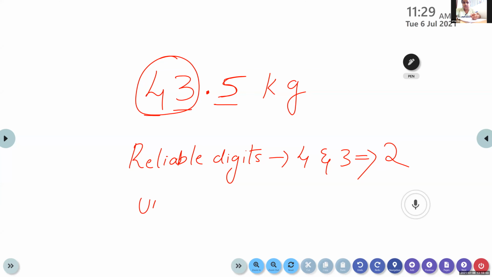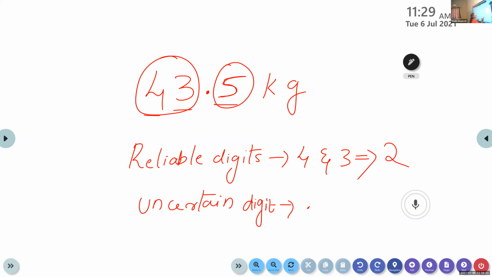So here we have one uncertain digit, because if another person measured the weight of Nida, it may change to 43.6 or 43.7. So the last digit undergoes variation. That is what is known as an uncertain digit. So in this measurement, this 0.5 is acting as an uncertain digit. How many uncertain digits are there in this measurement?